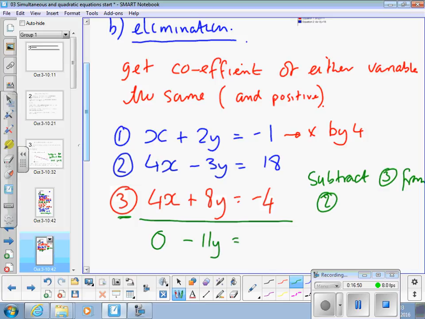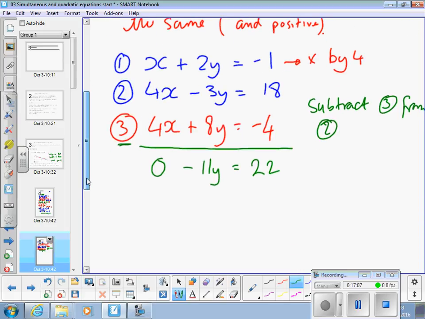And 18 minus 4 is 22. So we've got minus 11y is equal to 22. Therefore, y is equal to 22 over minus 11 equals minus 2, which is exactly the same as we got by the other method.